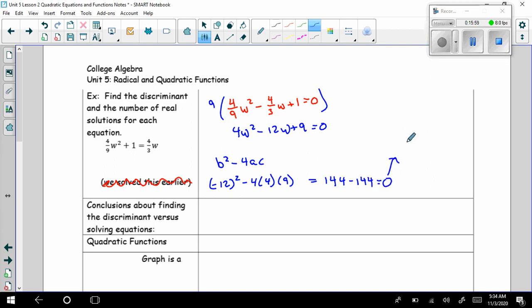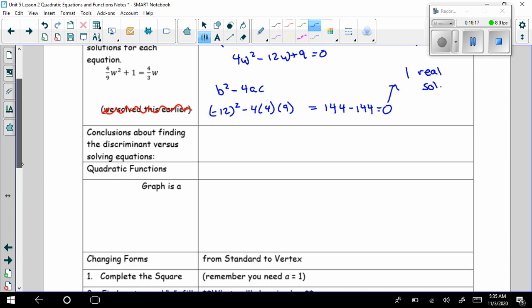And so because it's 0, I have one real solution to this problem. All right, which means that in terms of a graph, which we're going into now, this graph will only touch the x-axis one time. That's what this is telling us.